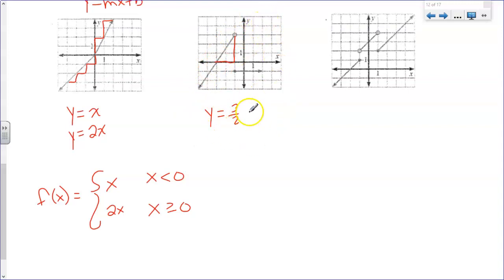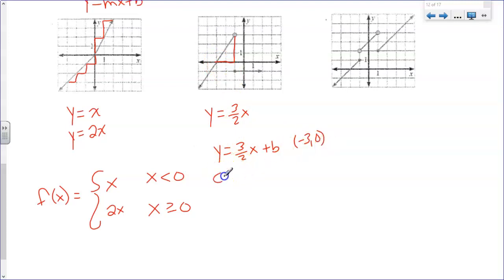Now, my b is not going to be 0 here. I go 1, 2, 3 up and then over 2, I don't know where the y is. So I'm going to need to use a point to find my y-intercept. We know that y equals 3 halves x plus b. We can use this point right here, 1, 2, 3, negative 3, 0. So I'm going to use the point negative 3, 0 to write my function.